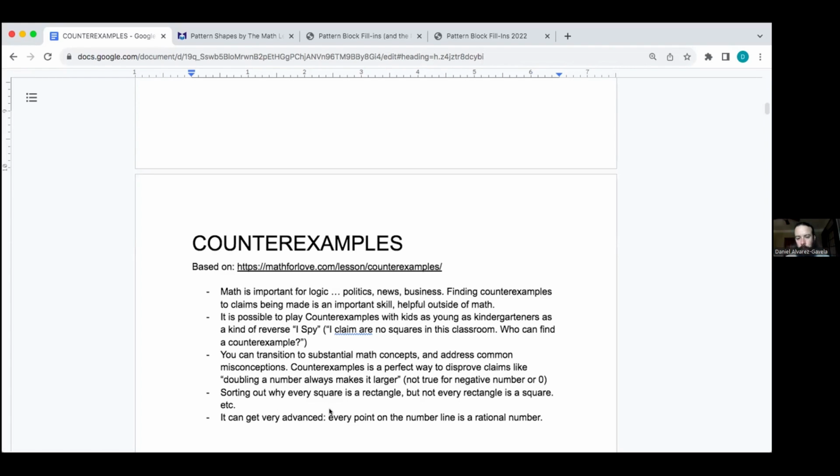So maybe I can ask, does anyone know any counterexample to the statement that every point on the number line is a rational number? Do we know any number that can be written as a fraction of two integers? You can either write on the chat or just talk out loud.